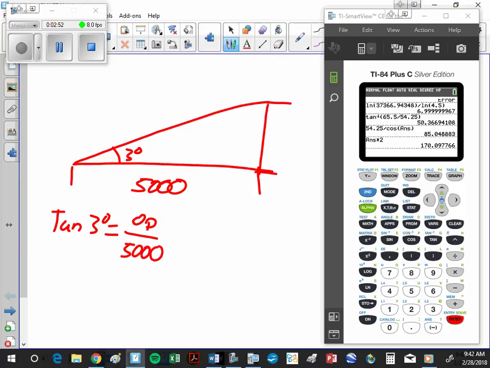Is that a multiply or a switch? Multiply. So I multiply by 5,000. So 5,000 tangent of 3. We end up with 262 feet. Okay. All right.